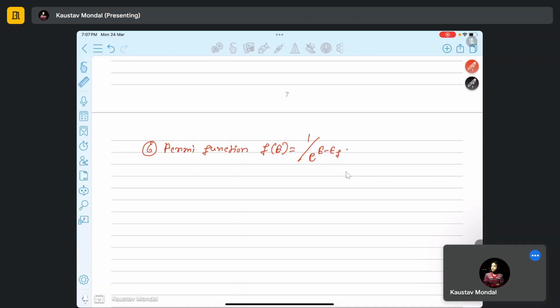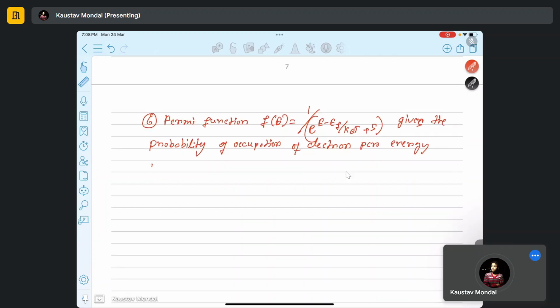It gives the probability of occupation of electron per energy state.